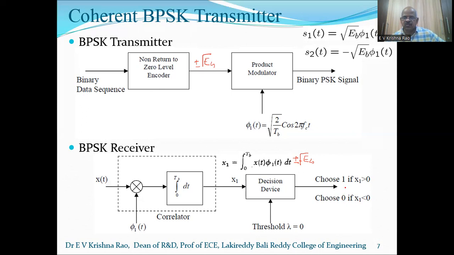That is S2. So if binary 1 is transmitted and we get a negative value less than 0, then in the decision making, we get binary 0. So that is an error. Similarly, vice versa.